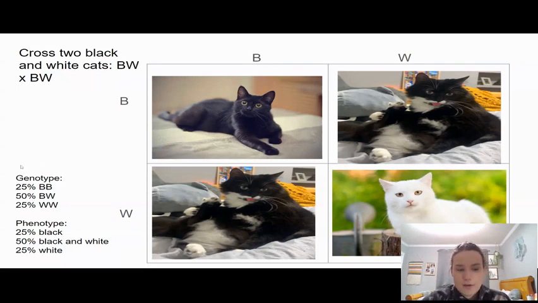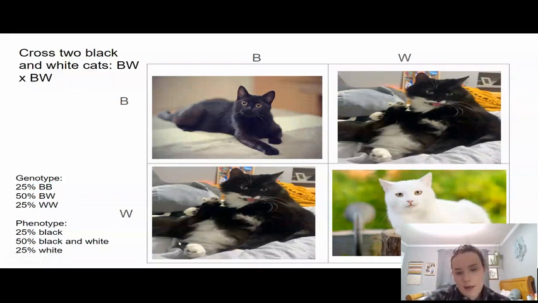Looking again at our genotypic and phenotypic ratios, 25%, or 1 out of 4, of these offspring are going to be black, so that genotype is BB. 50%, or 2 out of 4, are going to have the genotype BW.